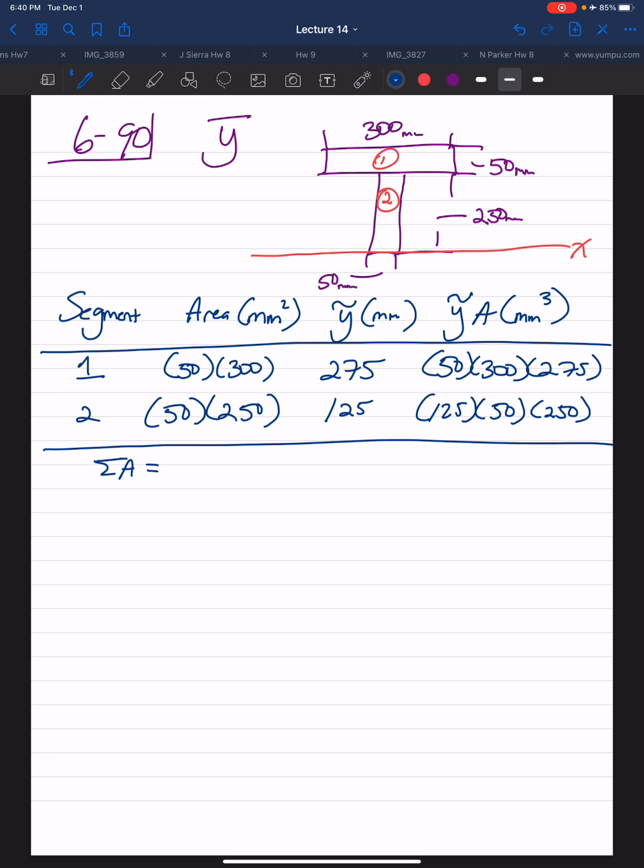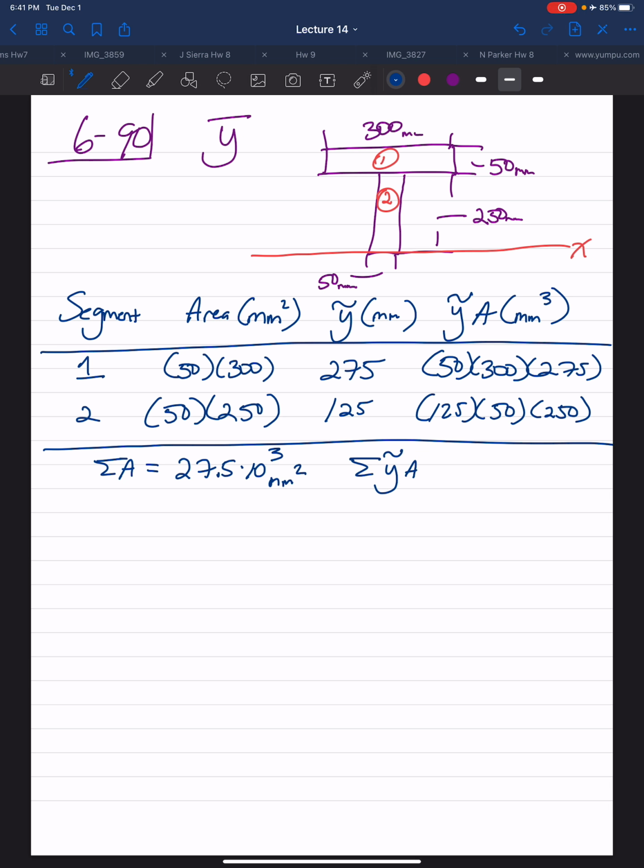Let's do the math right quick. It's 27.5 times 10 to the 3 millimeters squared.